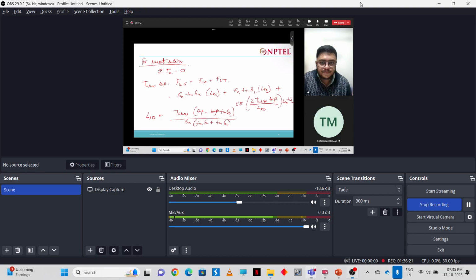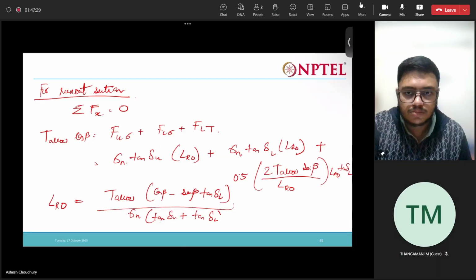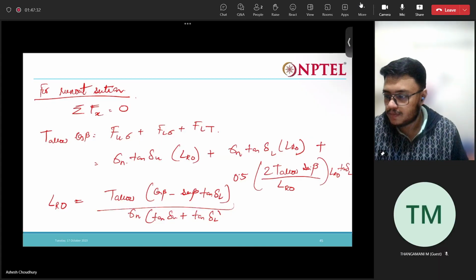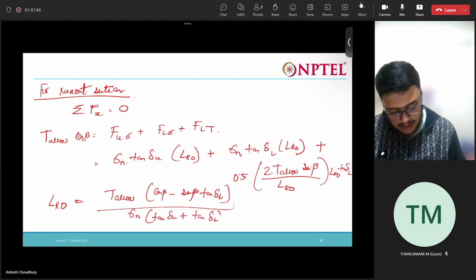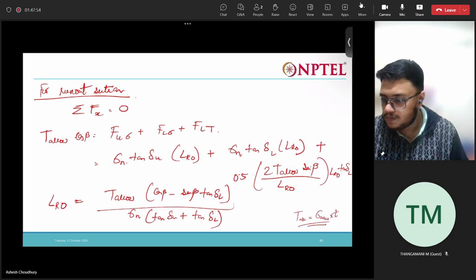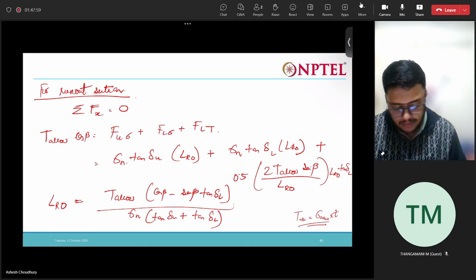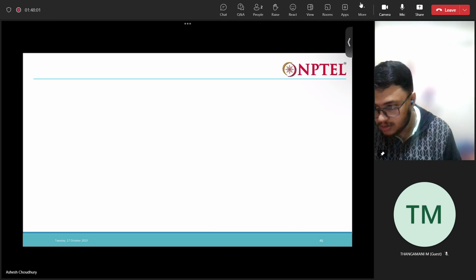So what is this T allow? T allow is same as before. T allow is nothing but sigma allowable stress into the thickness. Now in case of runout with trench, okay.